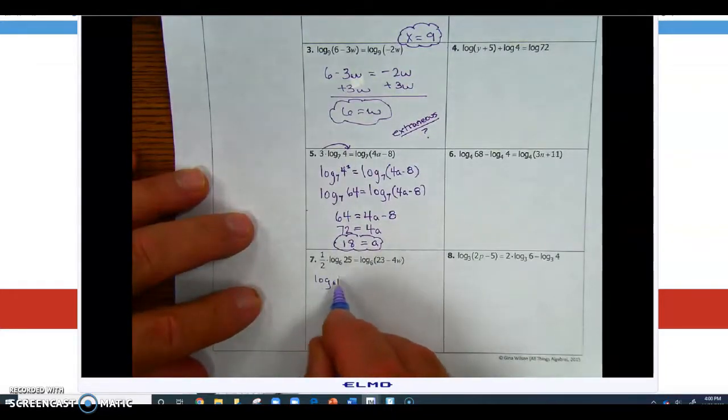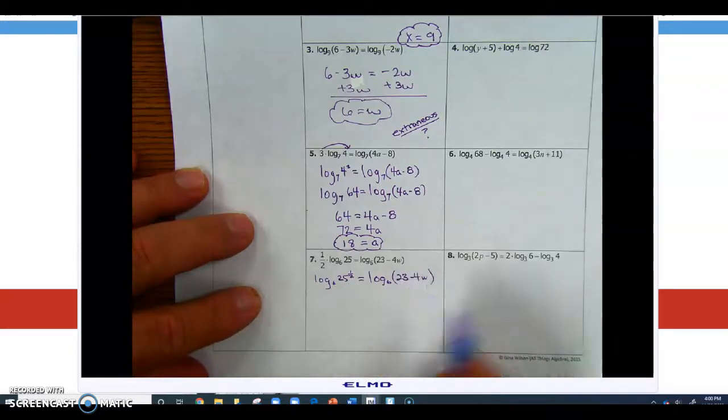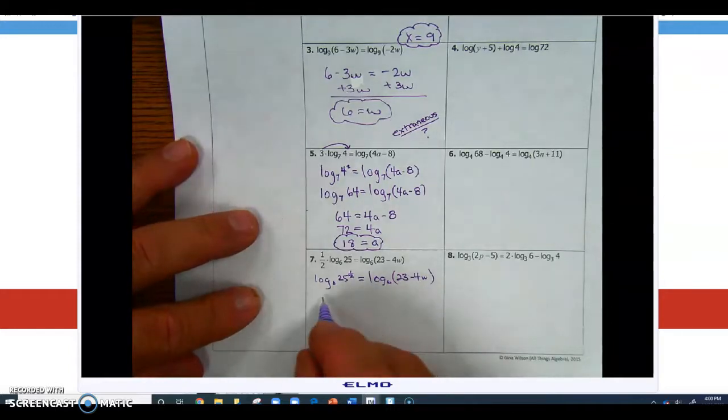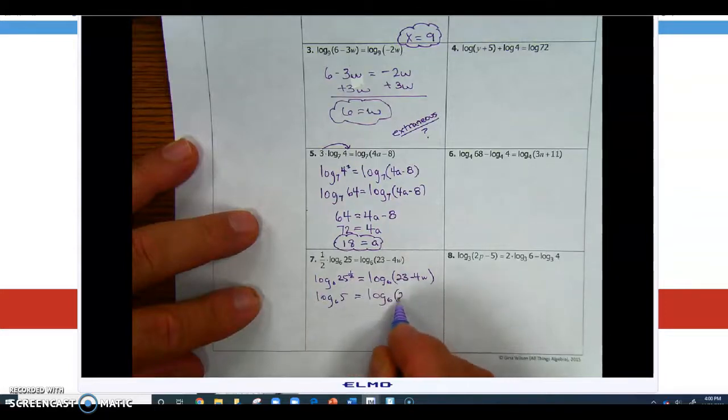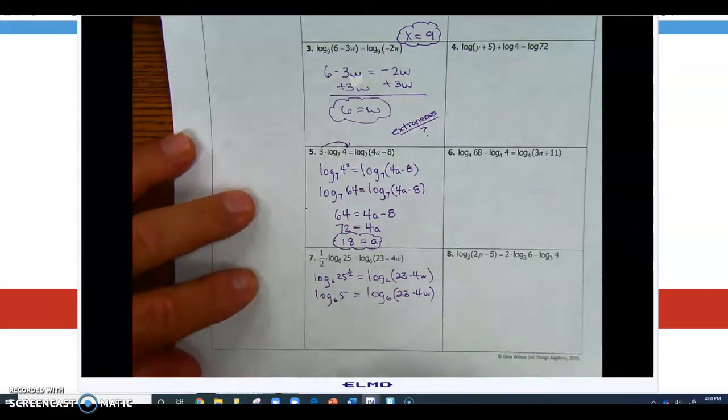Number 7, condense it first. Log base 6 of 25 to the 1/2 power equals log base 6 of 23 minus 4w. 25 to the 1/2, that's just the square root of 25, so that's 5. So log base 6 of 5 equals log base 6 of 23 minus 4w. I have condensed the logarithms, and it is time to drop the log.